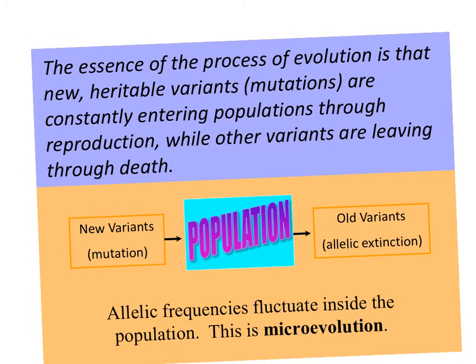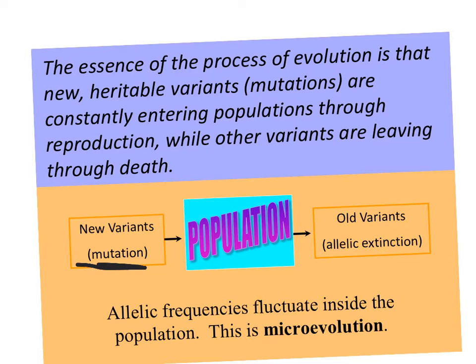So the essence of evolution is that new variants, in this case coming from mutation, enter the population. They mix and match in the population. Some of those variants disappear, either because selection does not favor them, they're not good mutations and don't give you good genotypes or phenotypes, or they're randomly lost.